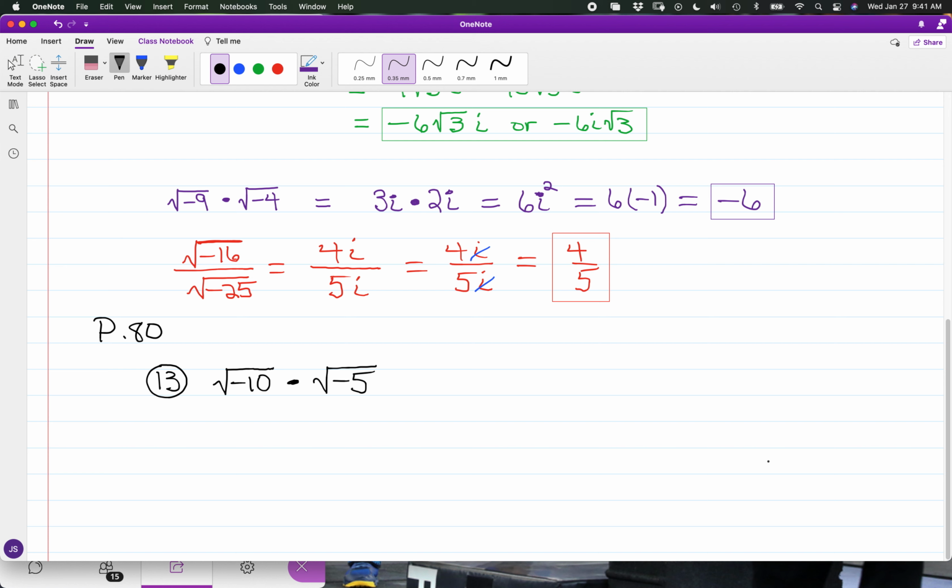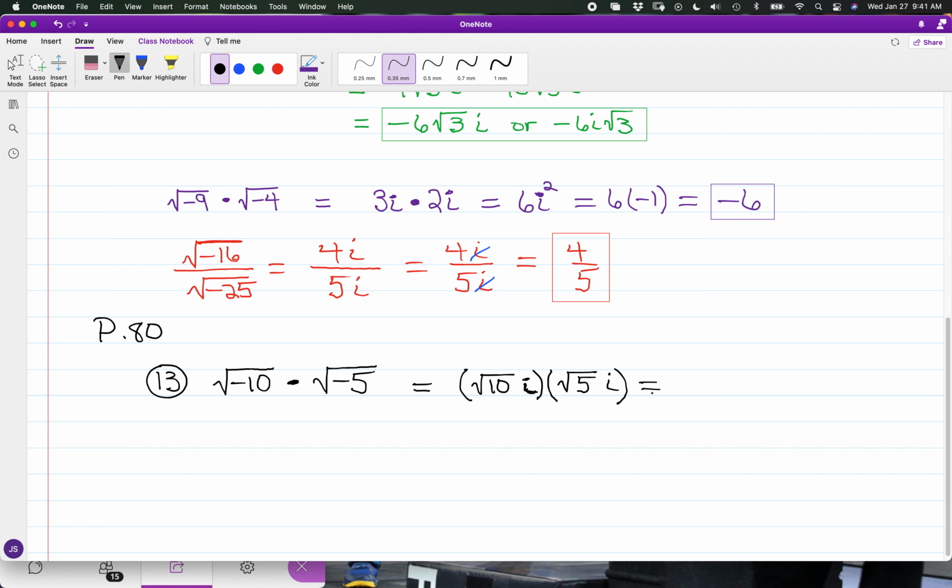Again, there is that tendency to take the product of negative 10 and negative 5, but you have to remember to express in terms of the letter i. So we have the square root of 10 times i, and with the square root of negative 5, we have the square root of 5 times i.